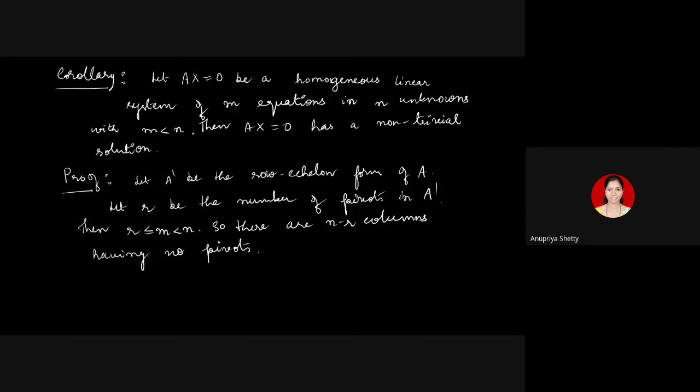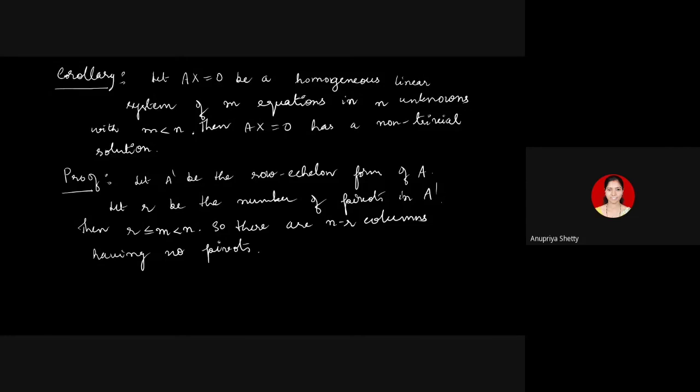That says the solution exists and the solution is non-trivial, because you can give any value to those variables corresponding to those columns having no pivot. Here there are exactly n minus r columns. If r happens to be 3 and n is 4, I will have one column having no pivot. Corresponding to that variable, I will give some arbitrary value.